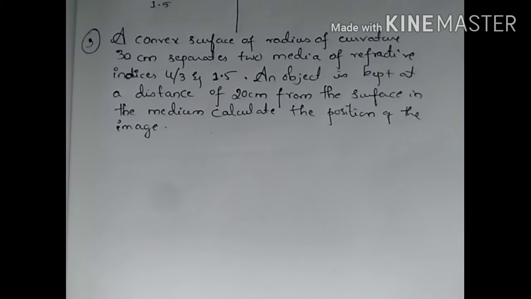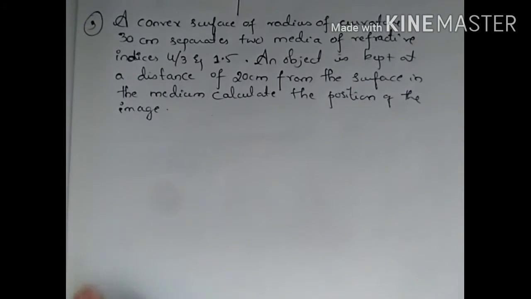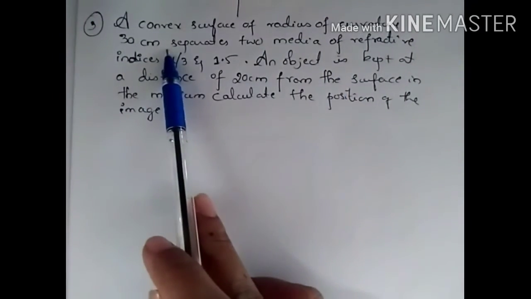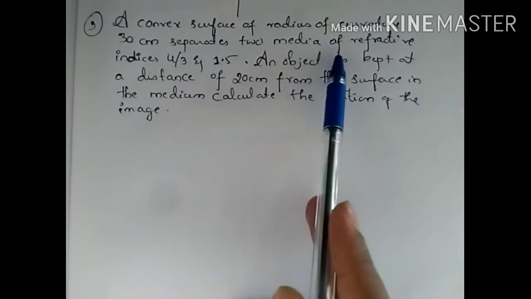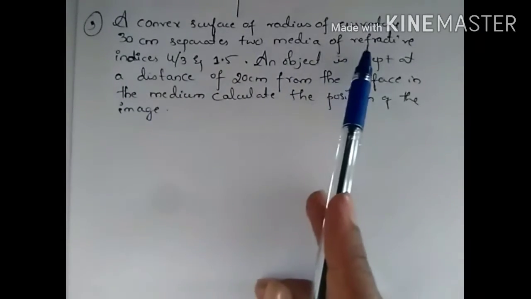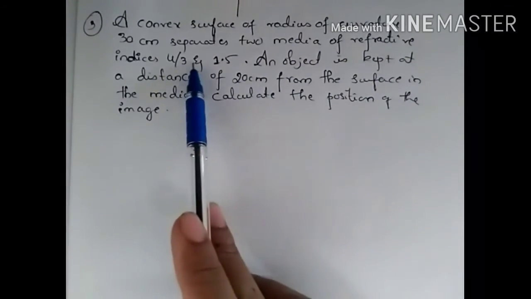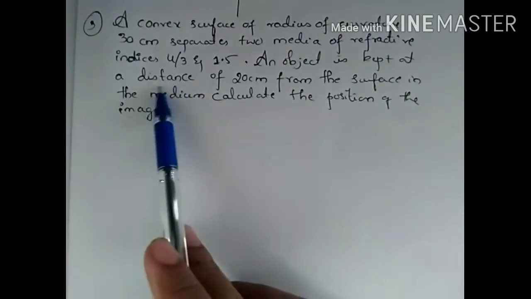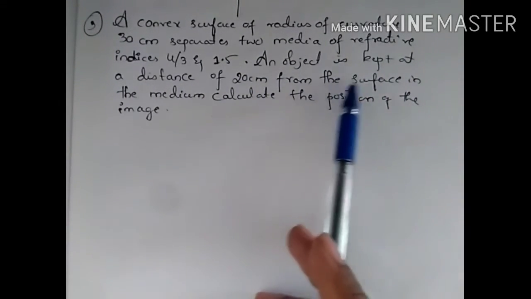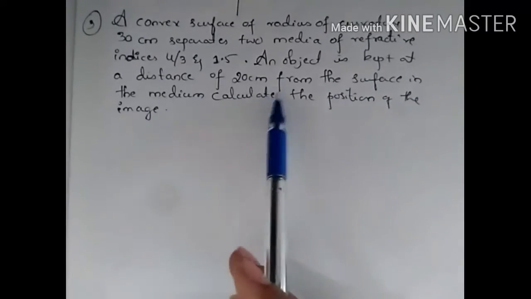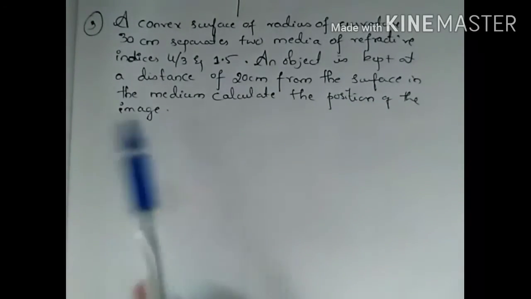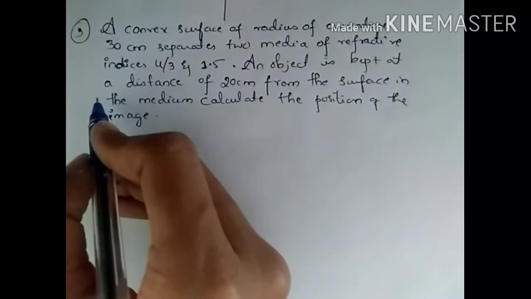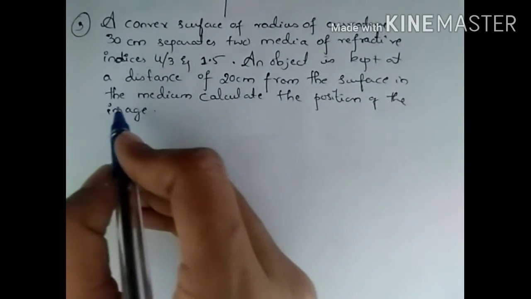The third question here is: a convex surface of radius of curvature 30 cm separates two media of refractive indices 4/3 and 1.5. An object is kept at a distance of 20 cm from the surface in the medium. Calculate the position of image. Let us write what data is given in the question.